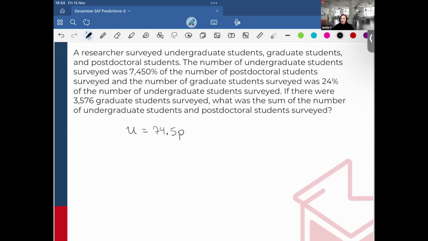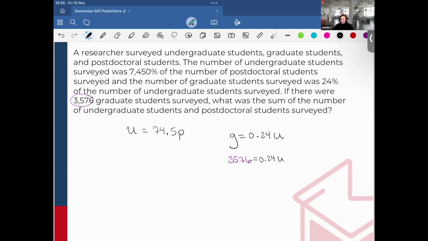And the number of graduate students was 24% of the number of undergraduate students surveyed. And then it says there were 3,576 graduate students surveyed. Okay, so I can divide each side by 0.24.